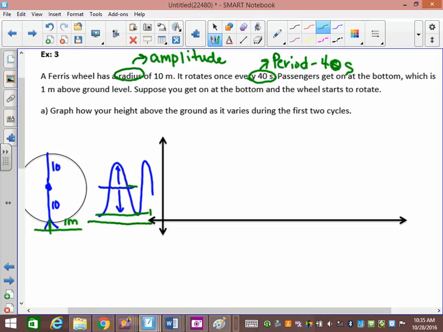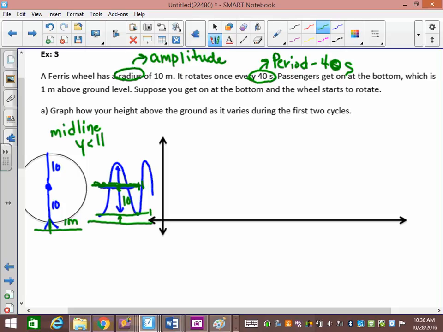This here is at 10. So this is actually at 11. Because it took me 1 to get me here, 10 to get me to the middle, and the midline is where the middle runs, and my smartboard's a little off, which is fun. So that's at 11. So I know I have a midline at y equals 11. Because that's where it's going to be on the graph.